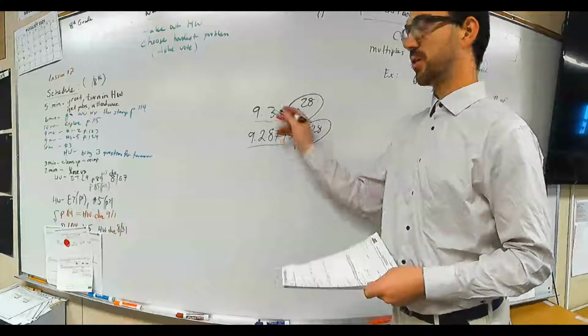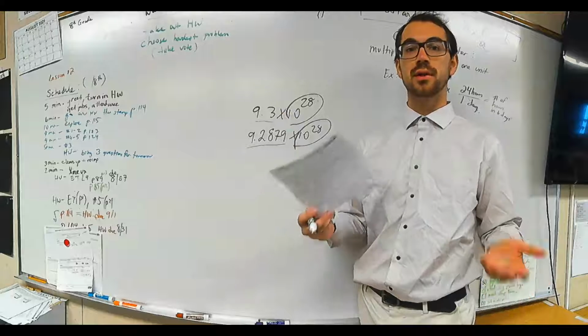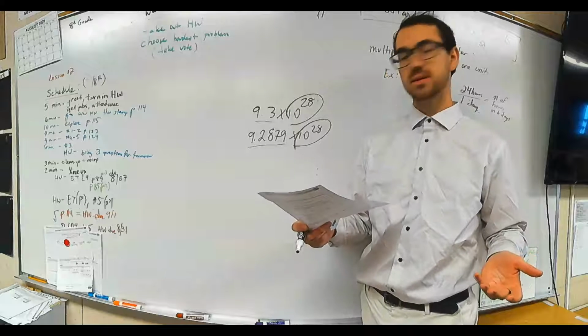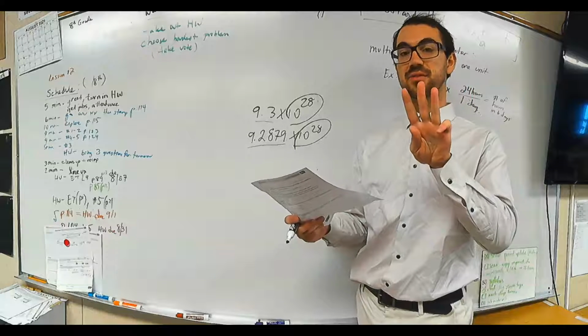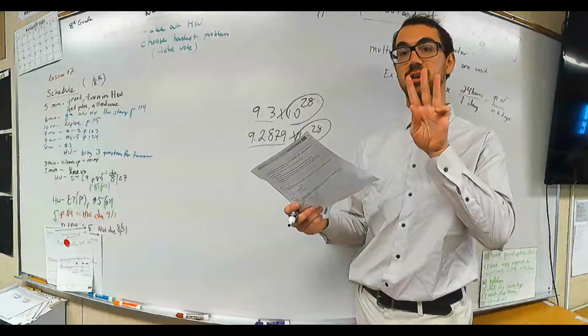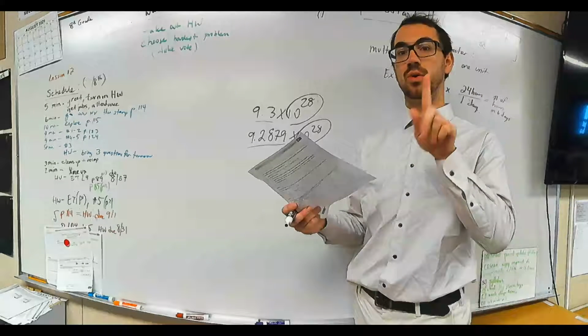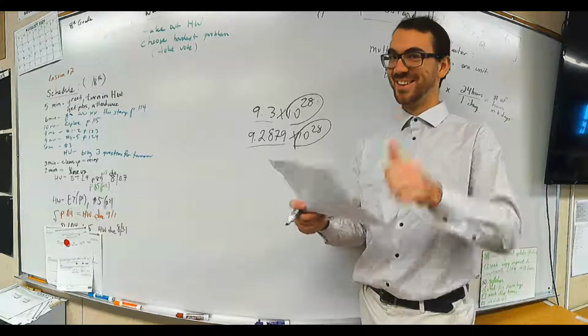Which one is greater? Go ahead and shout out 9.3 or 9.2879. Okay, I'm going to give you a countdown from 3, and I want you guys to all shout it out in unison. Okay, shout out your answer in 3, 2, 1, go. Good.